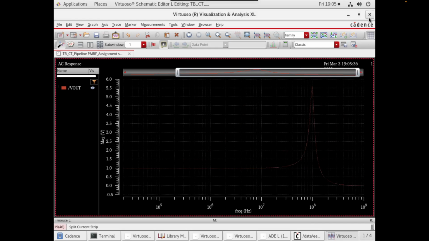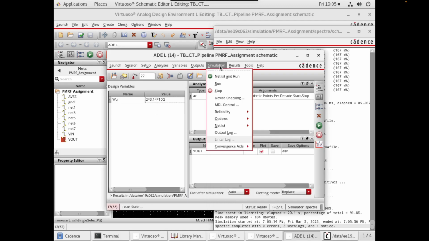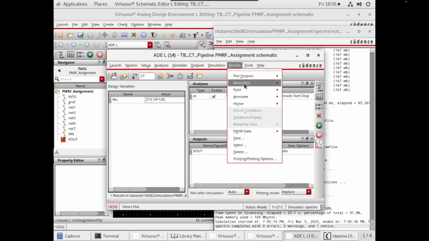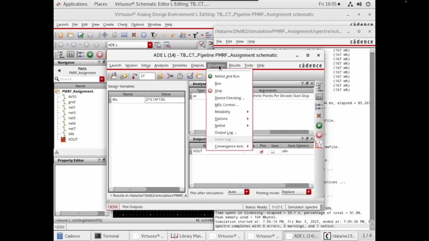So I will try to plot both the transfer functions one by one so that we can check it. So we will do a parametric sweep.